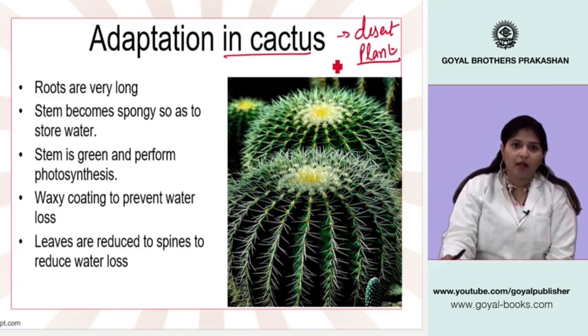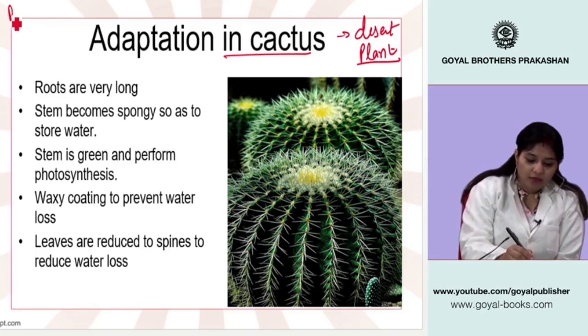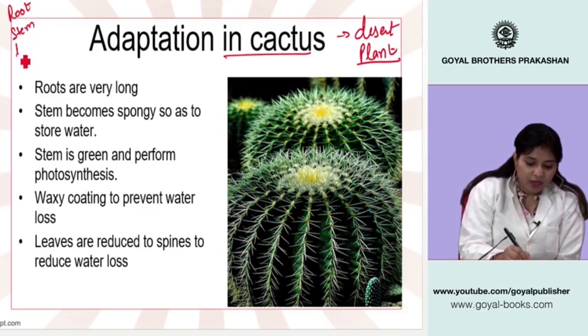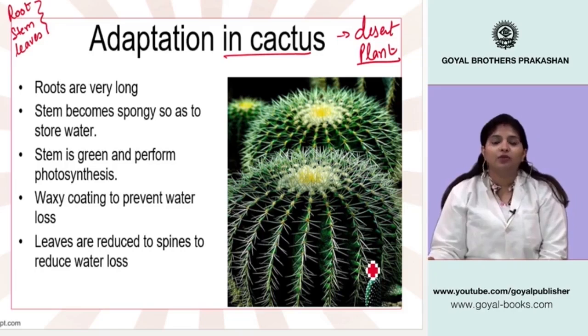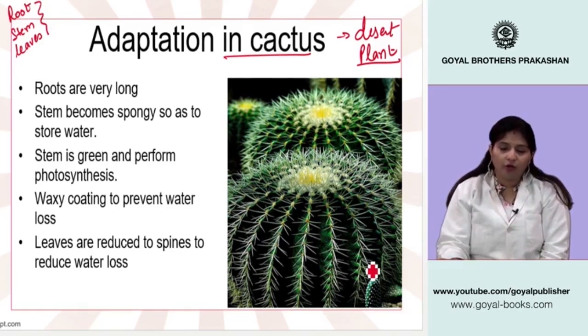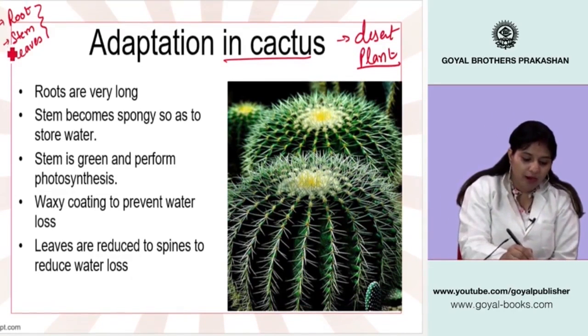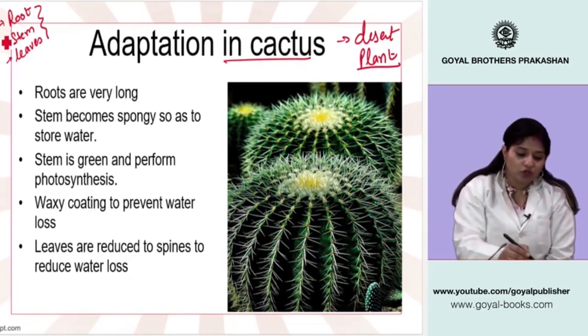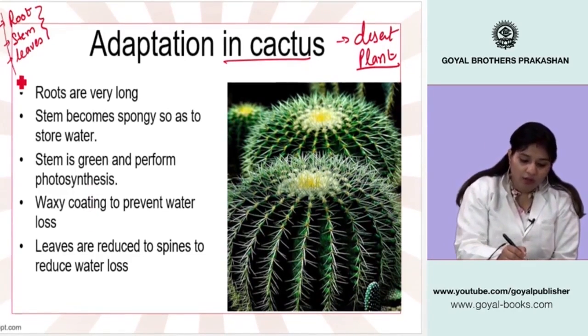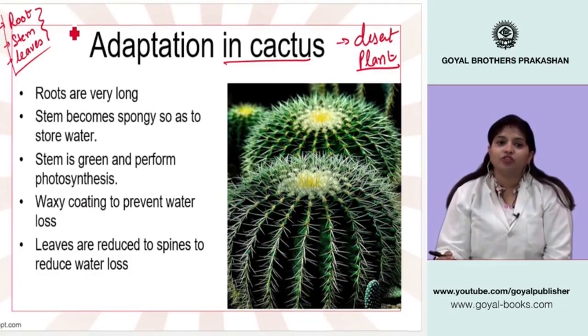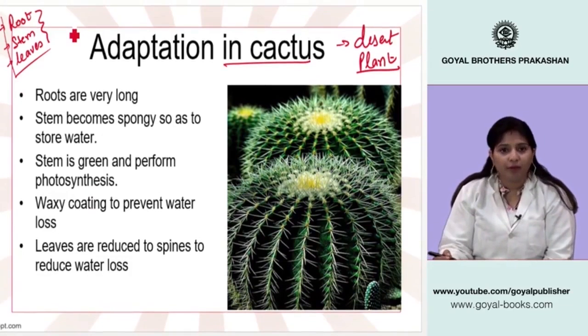So we know that in a plant there are three main parts. One is the root, then you have your stem, and then you have your leaves, right? These are the three main parts into which the body of a plant is divided. So we see adaptations or changes or modifications in all these. So let's discuss the changes that happen in all of them one by one.